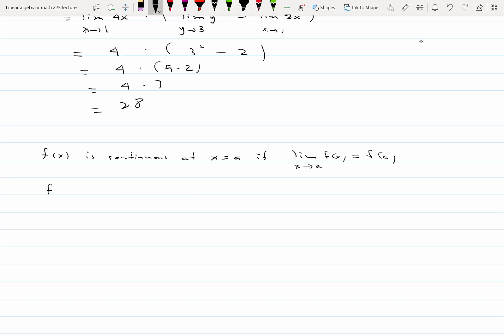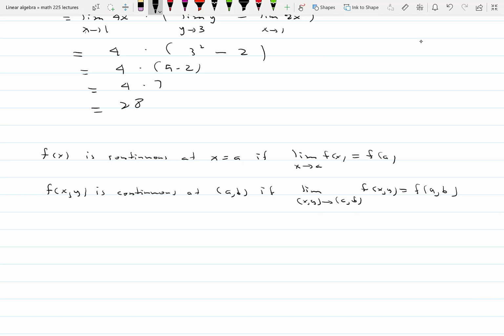So similarly, for functions of 2 variables, and this extends to functions of any number of variables, f of (x, y) is continuous at (a, b) if the limit as (x, y) approaches the point (a, b) of f of (x, y) equals the actual z value that's at the point (a, b).